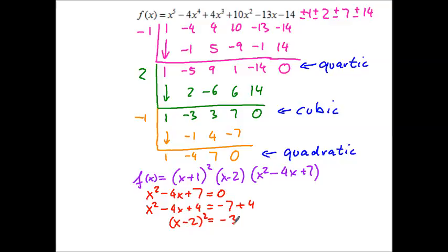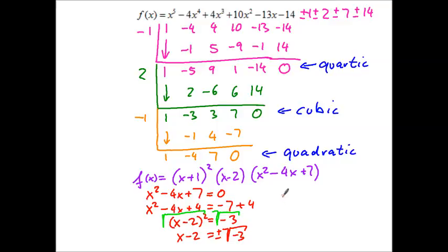And now we're going to take the square root of that. X minus 2 is equal to plus or minus the square root of negative 3. We know that the square root of negative 3, we need to take an i out.